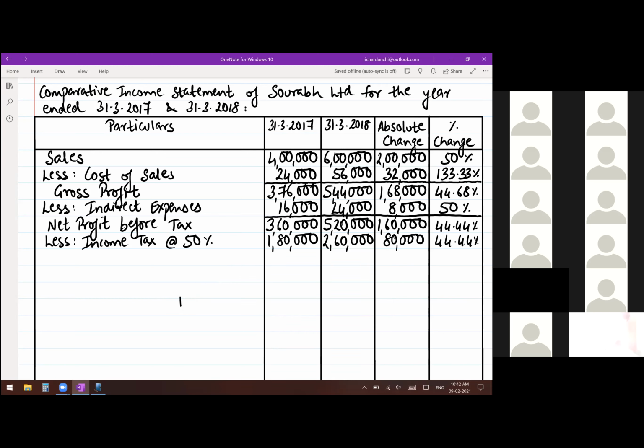And finally, you have net profit after paying tax. So write down net profit after tax. This is your final answer.